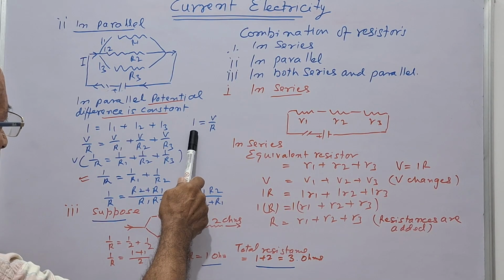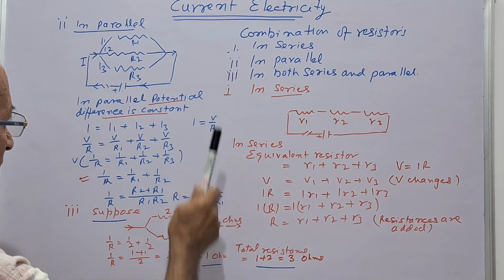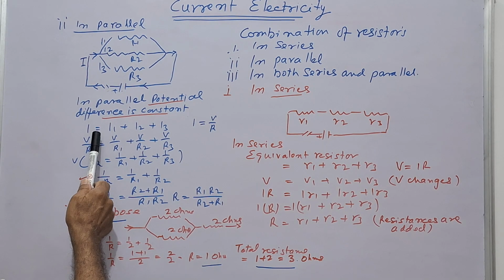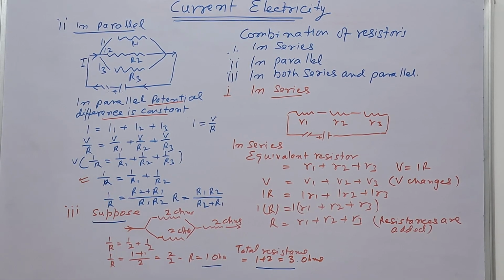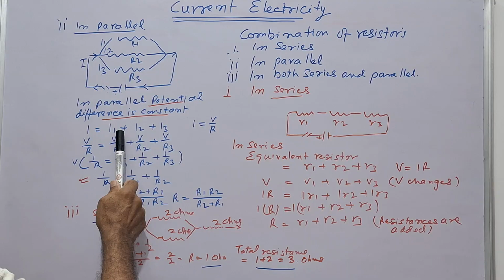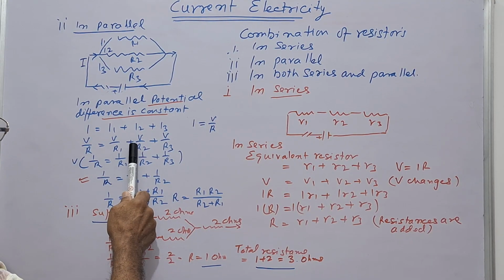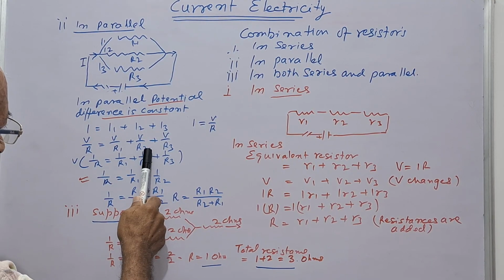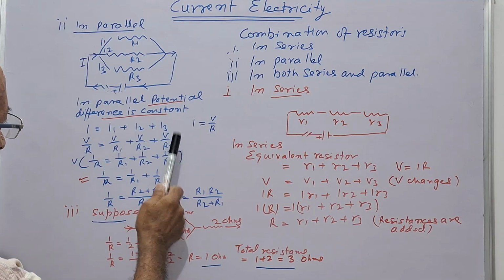And we know I is equal to V upon R, so the total current is V upon R, and I1 is V upon R1 plus V upon R2 plus V upon R3.